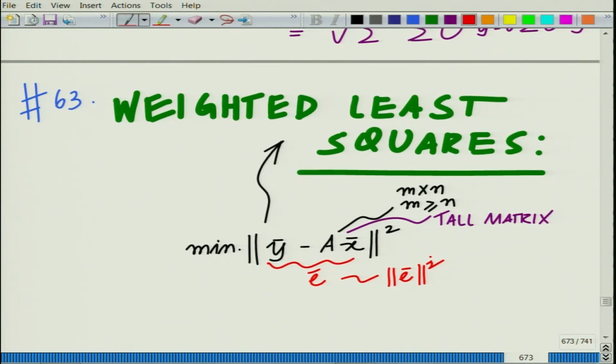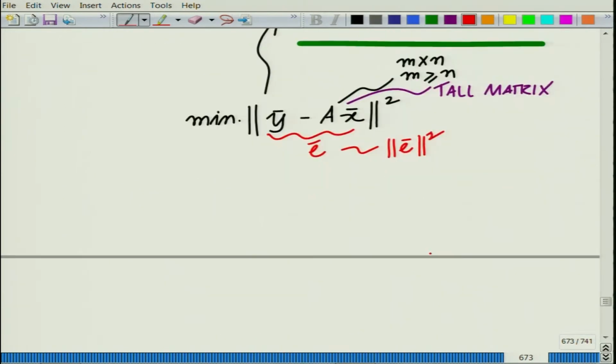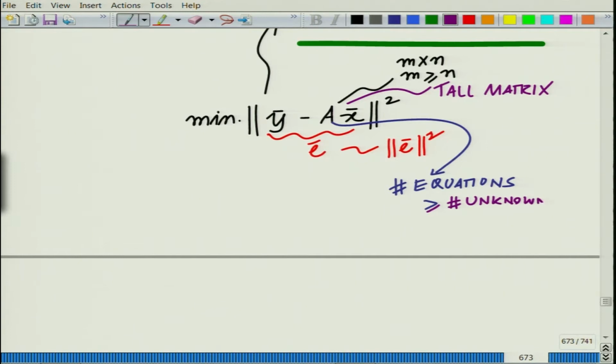And A is a tall matrix, which implies that the number of equations is greater than or equal to the number of unknowns.